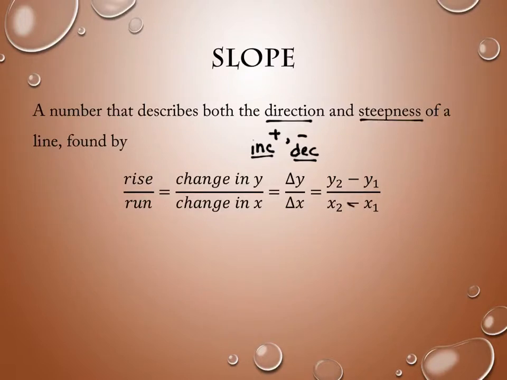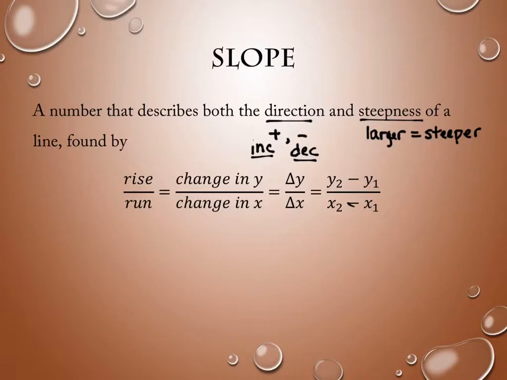And when it references steepness, we'll say that larger means steeper. So when you're comparing two numbers, if a number is larger, then it's a steeper slope. And if it was a smaller value, it would be the shallower or the flatter of a slope.